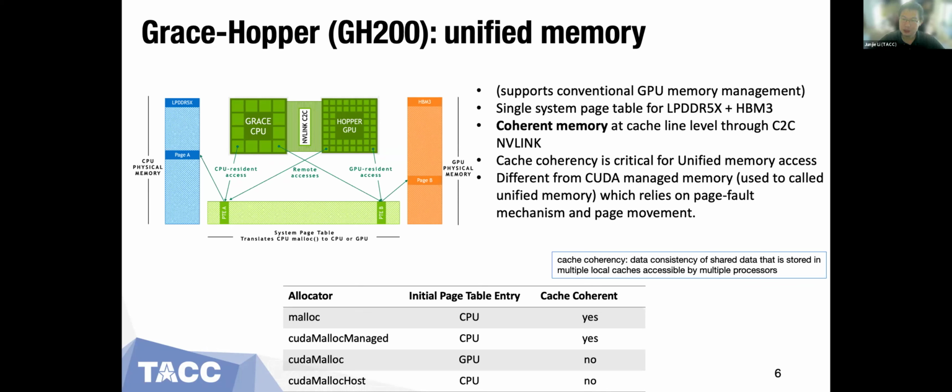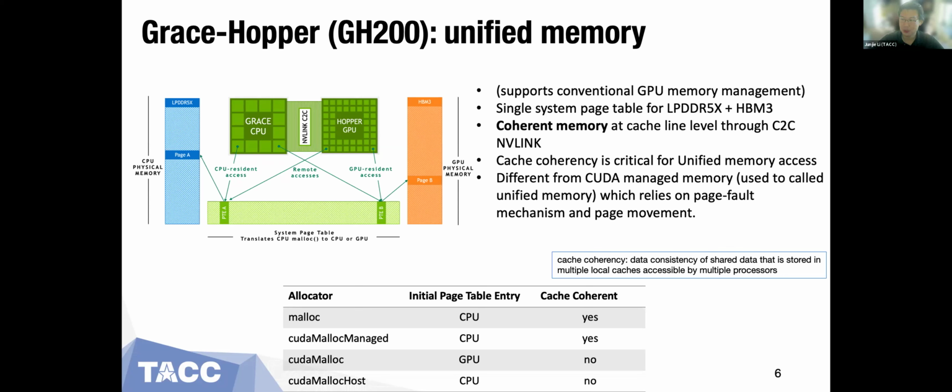As I said, cache coherency is critical for unified memory. For people who don't know what cache coherency is, it basically means data consistency when you have data shared by multiple processors. And this is common in modern computer architecture. Even on a multi-core CPU, each core has its own L1 and L2 cache. So if two cores are trying to access the same piece of data, the data is going to be stored in the caches of both processors.